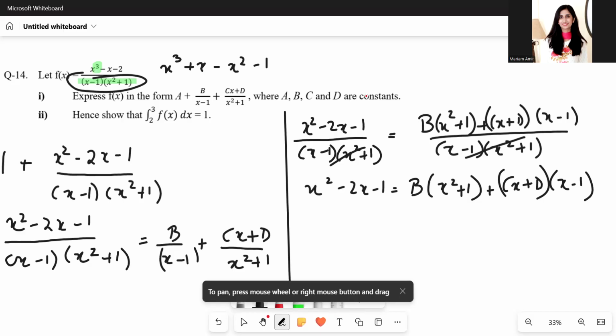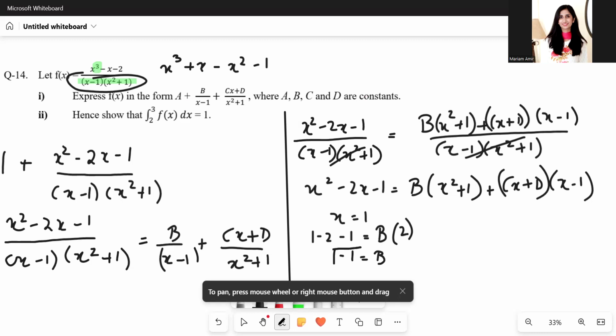Okay, now we can first substitute x equals 1 to make this 0 and get the value of B. So we'll have 1 minus 2 minus 1 on one side, times B(1 plus 1), 2. So we have negative 1 for B.